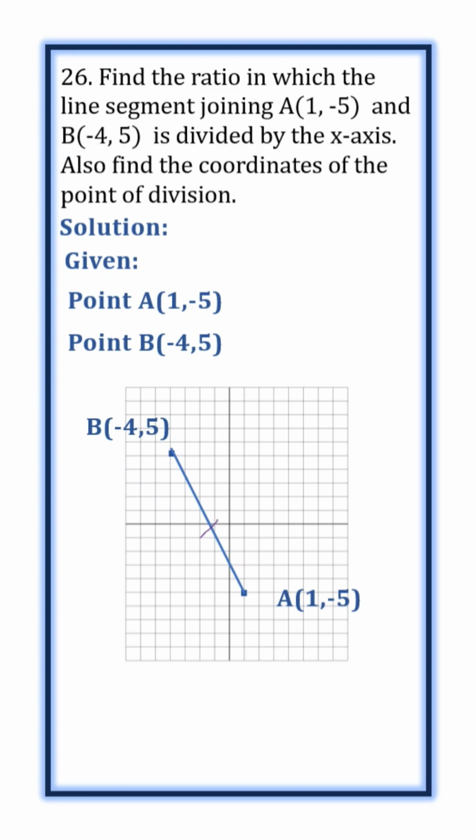We have to find the coordinates of the point of division, and the x coordinate may have some value. Through the graph sheet we can find it, but we have to calculate it to gain full marks. Okay, and also the ratio. The x-axis divides this line AB in m1 is to m2 ratio. Let it be. We have to find m1 is to m2.